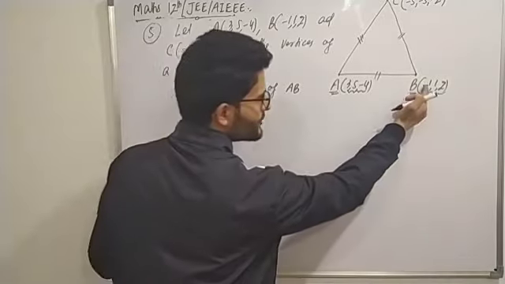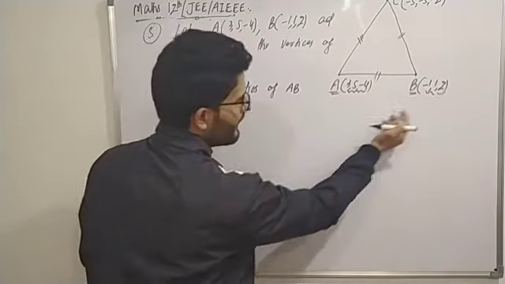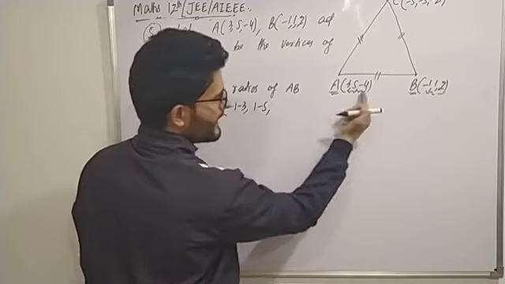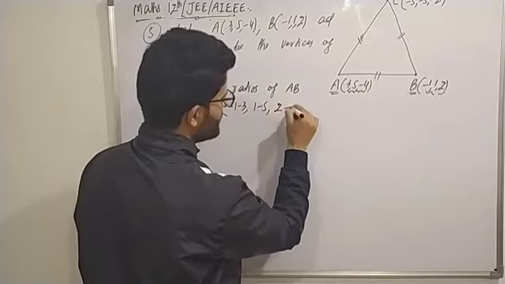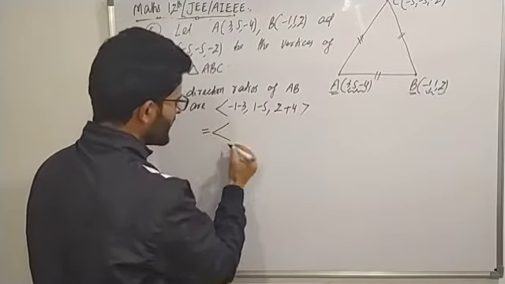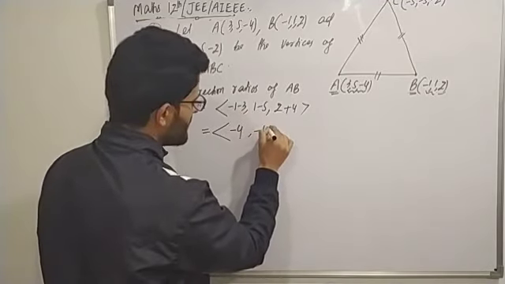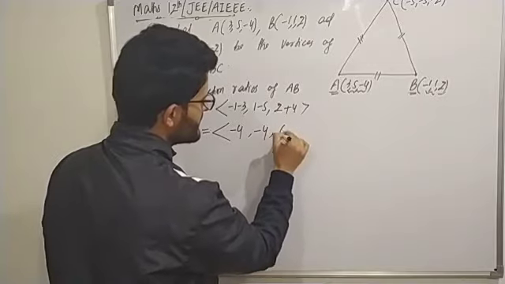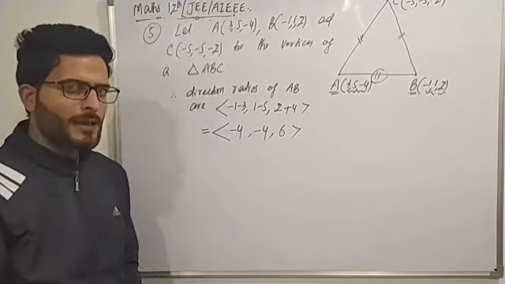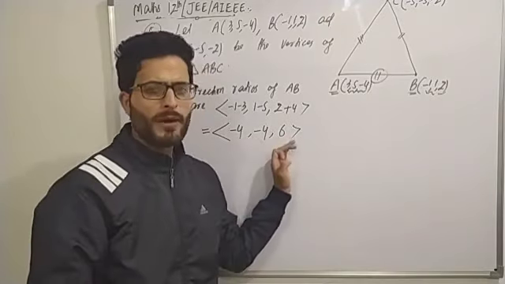Ordered 3 tuple of x2 - x1 यानी -1 - 3, y2 - y1 1 - 5, z2 - z1 2 - -4, that is 2 + 4, and that's equal to ordered 3 tuple of -1 - 3 is -4, 1 - 5 is again -4, and 2 + 4 is 6. So the direction ratios of this side AB of this triangle ABC must be -4, -4 and 6.